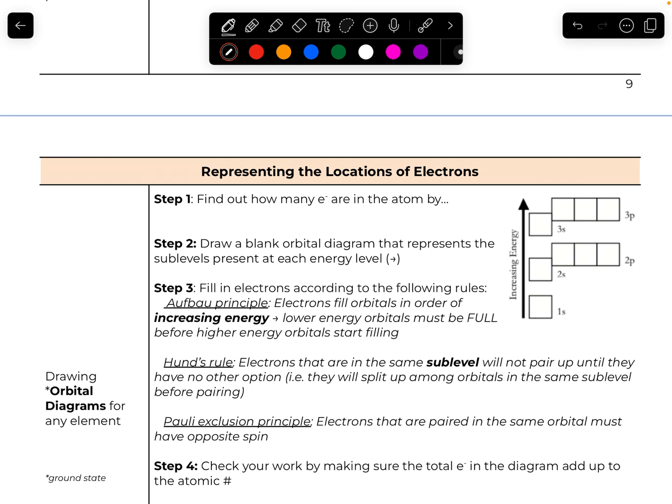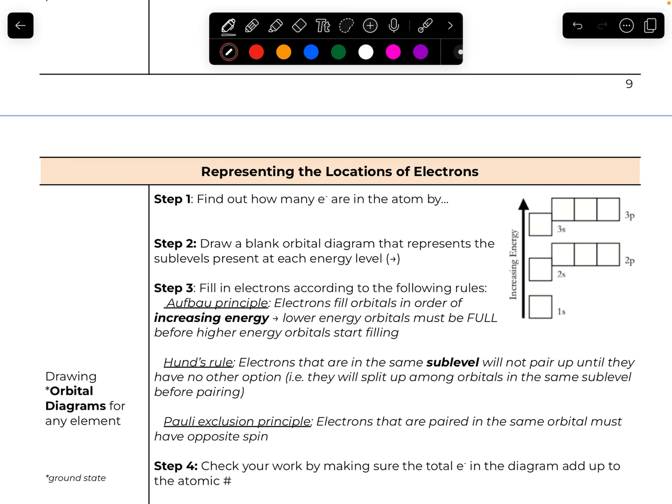The first thing you need to figure out when drawing an orbital diagram or when writing an electron configuration is how many electrons you're actually dealing with, how many are present in the atom. So how do we figure that out? Well, we always assume that atoms are neutral unless otherwise stated. If they're neutral, it means they have no charge. Their positive and negative charges cancel out.